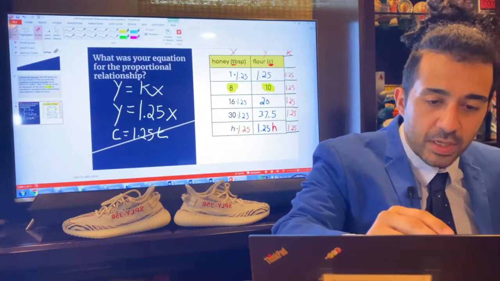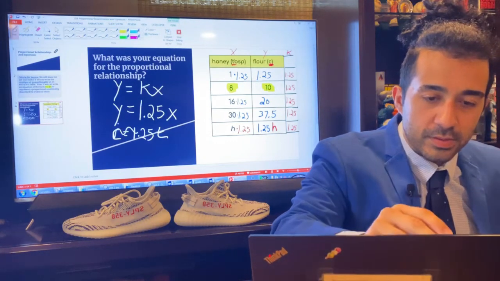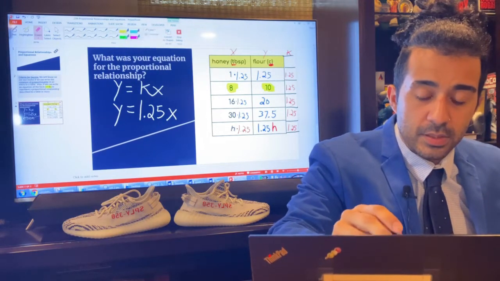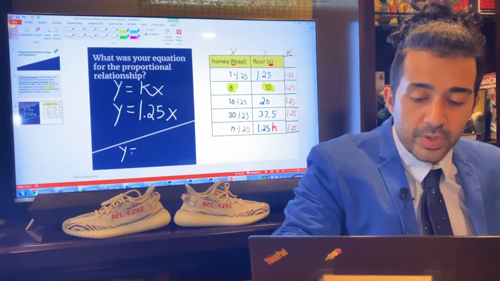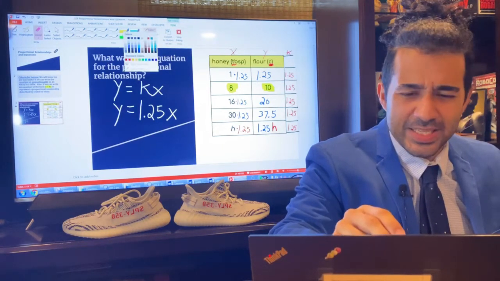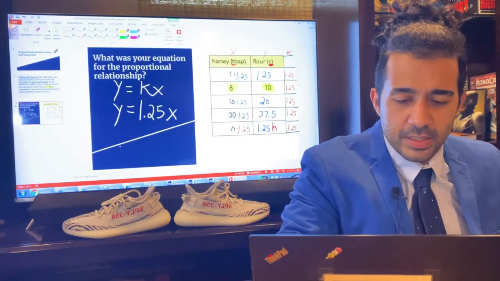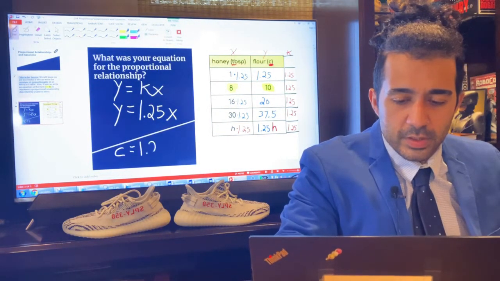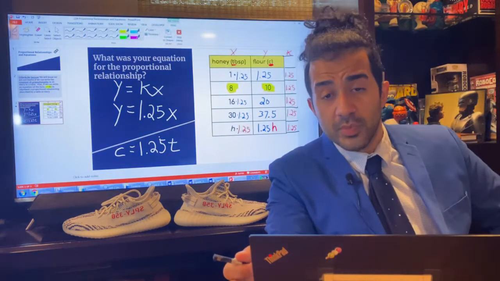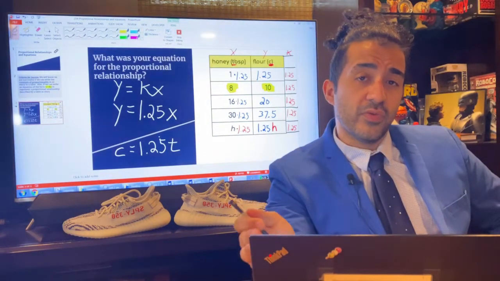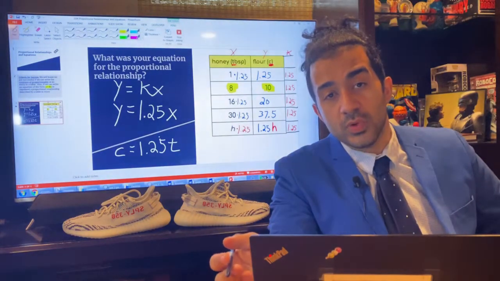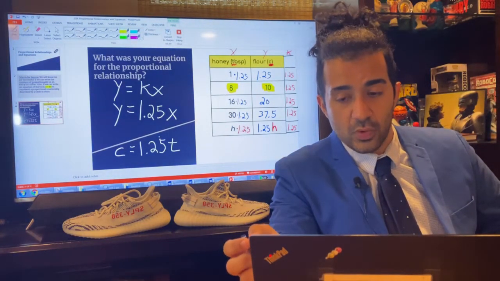What we're saying is y is determined by C equals 1.25 T. You're saying the cups of flour can be determined by multiplying 1.25 and the amount of tablespoons of honey. So that is how we use a table to write an equation in y equals kx form.